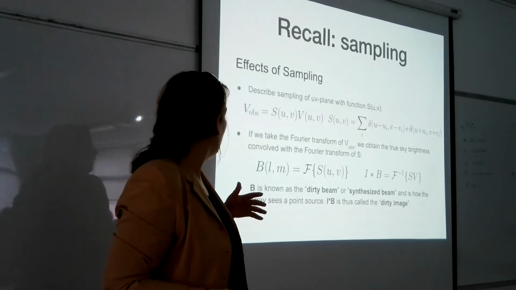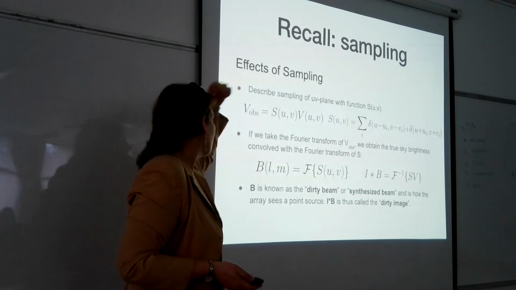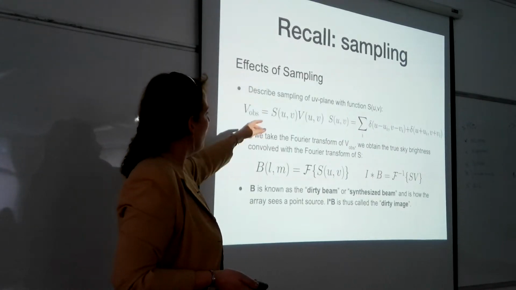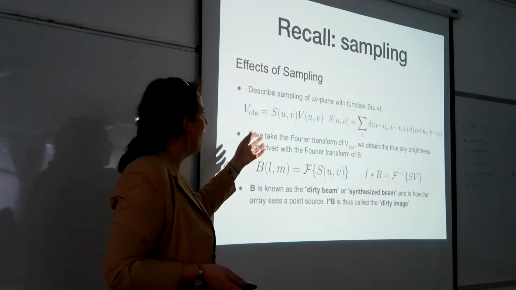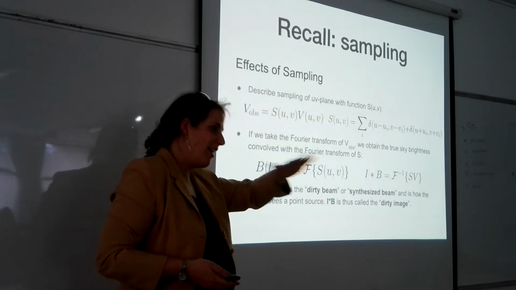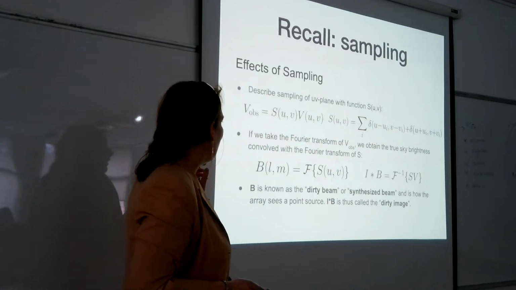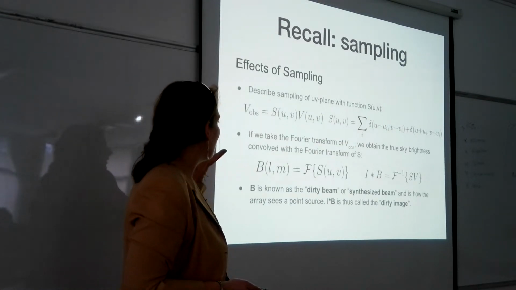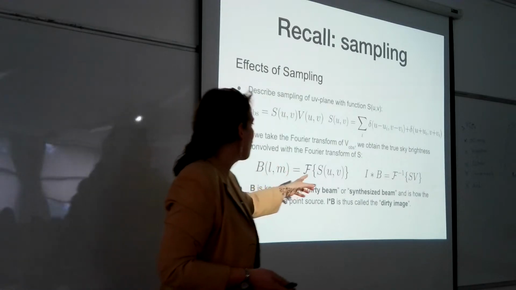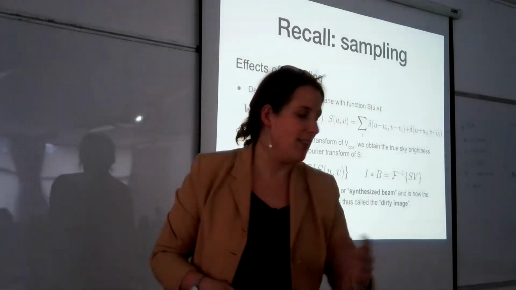We talked a little bit about this before, the sampling of the UV plane. The sampling is not 100%, we cover only part of the UV plane, and that means that whatever you Fourier transform is a Fourier transform of the sampling in combination with the image.